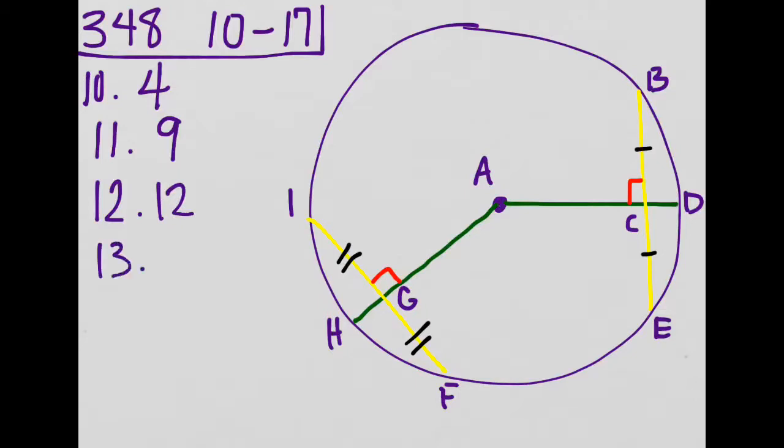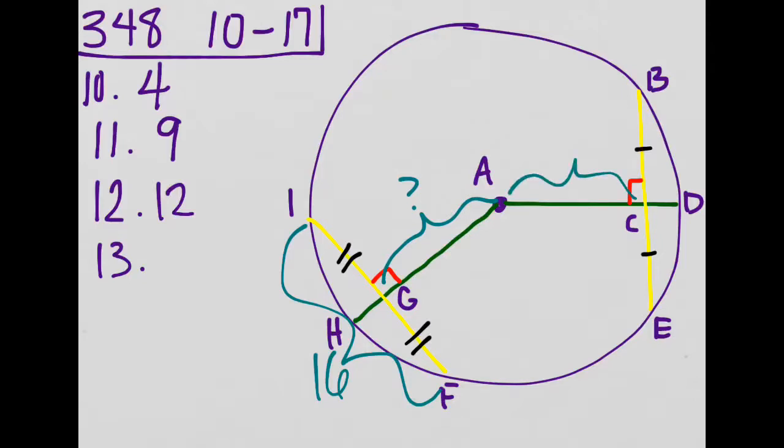All right, number 13. Bear with my terrible writing on these things. Find AG, this section here, if FI equals 16. So we're looking for this, and I'll put a question mark here. We know that FI, this whole distance here, is equal to 16, and we know that AC is equal to 6.